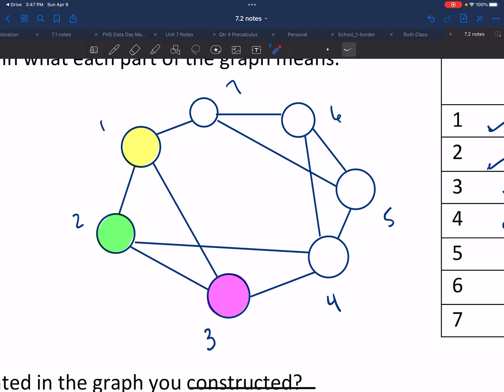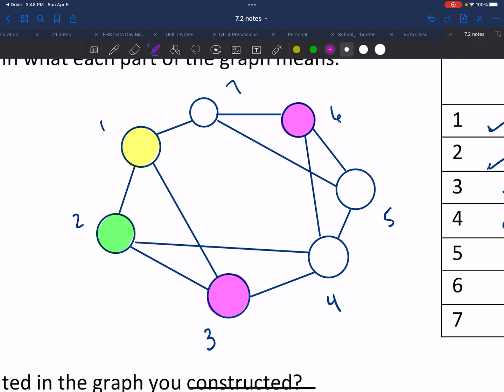Okay, so now I'm looking at this one. I have it connected with pink and I have it connected with green. And I don't necessarily know what this connection would be, but I do know that this is the most number of connections I've got. Now, because my 6 and my 3 are not connected, I can go ahead and make that 6 into a magenta.